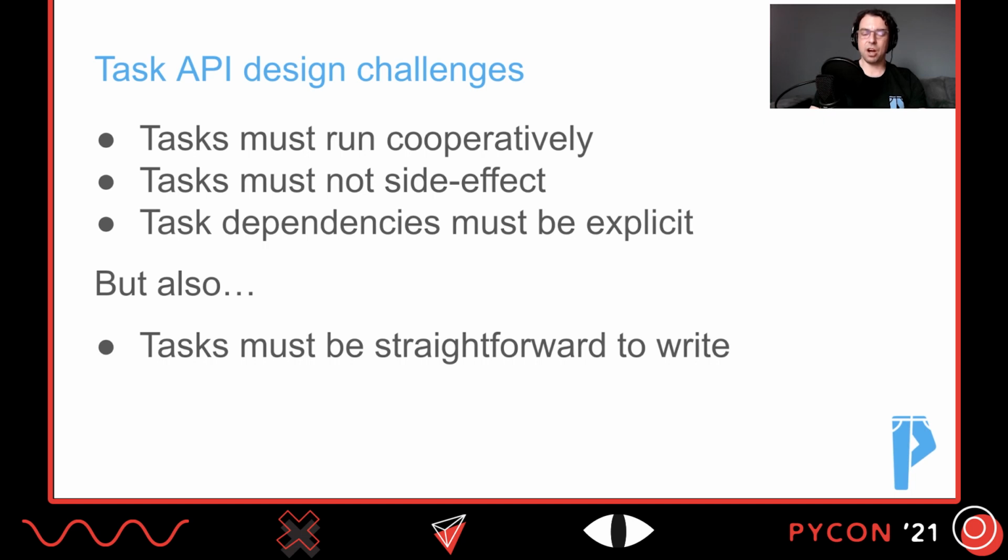A task can't rely on some previous task having written a file to some well-known magic location, because maybe those 2 tasks aren't even running on the same machine. But we still, for extensibility, want tasks to be straightforward to write. So we needed to find a way to balance these fairly strict limitations on the one hand without sacrificing the flexibility and the ease of use of a sensible task API.